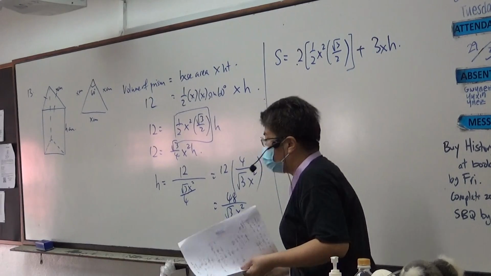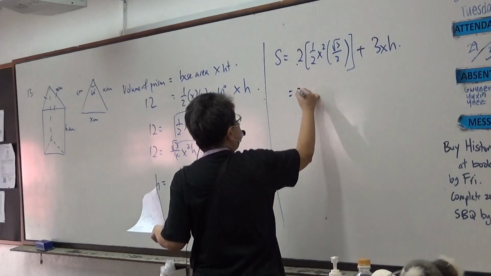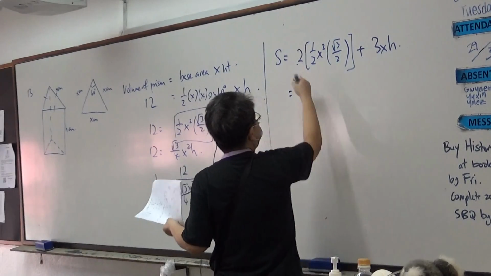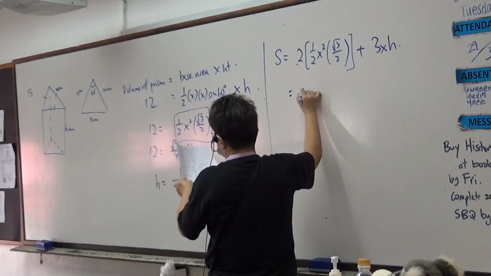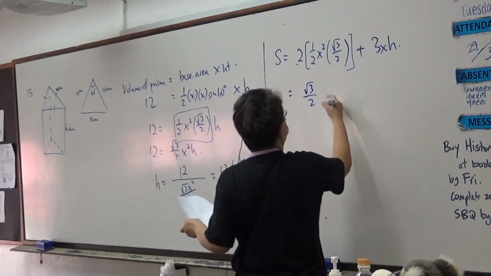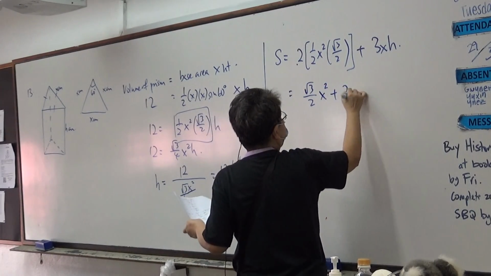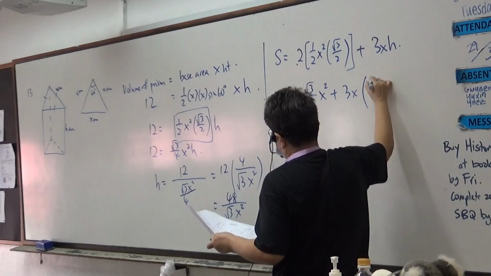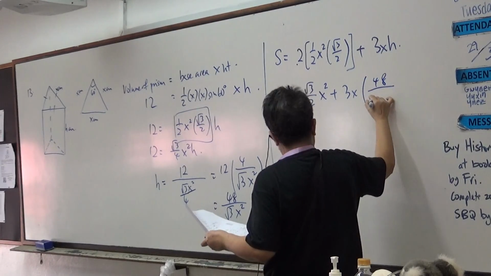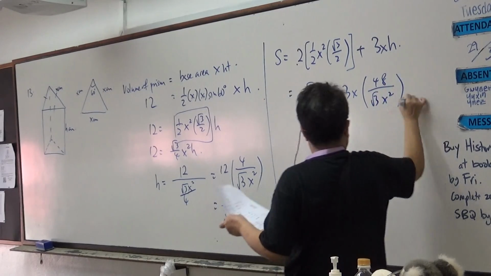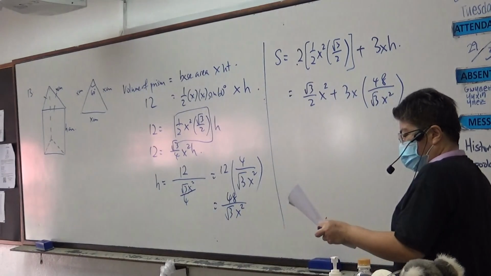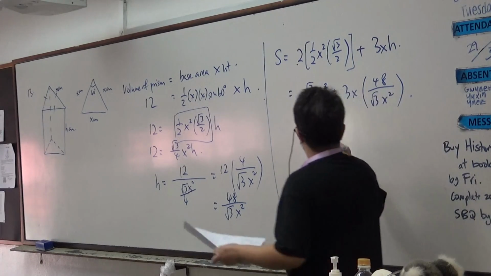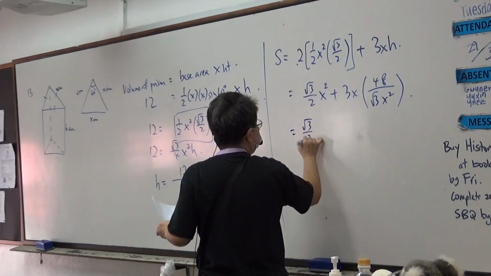Now, I don't want it in terms of h, so I'm going to simplify this. This will become root 3 over 2 x squared plus 3x. h will be this one, so what do I get here? 48 over root 3 x squared. Correct?